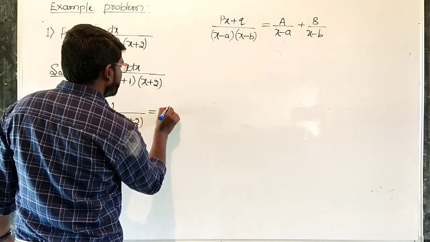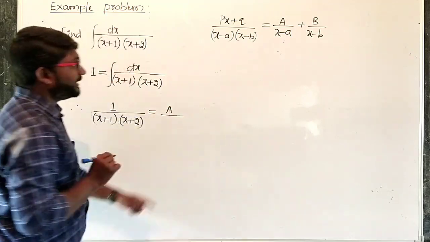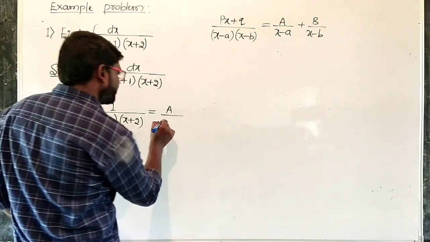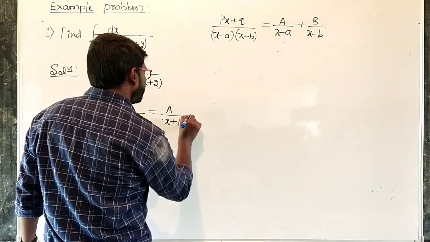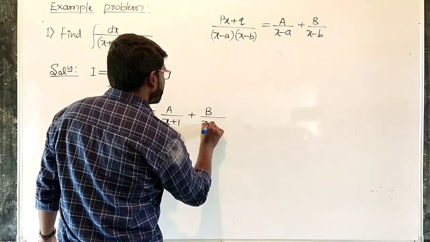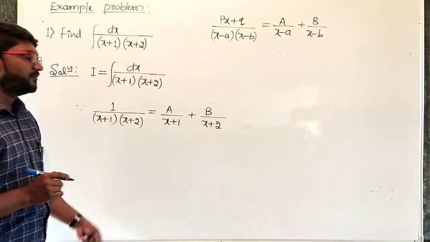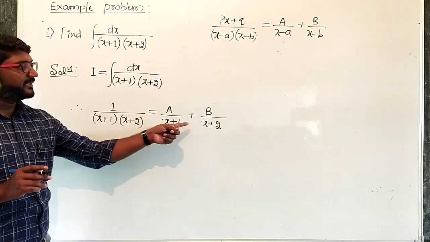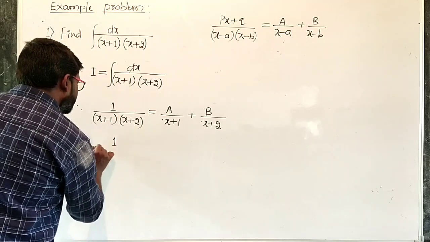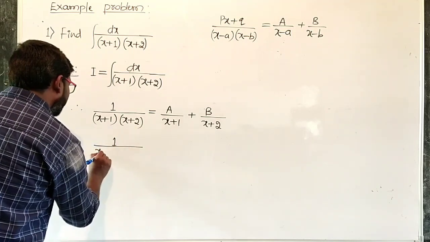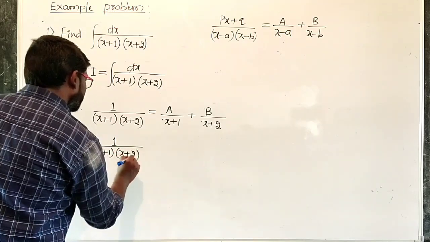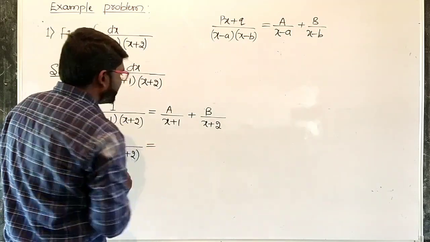Therefore 1 divided by (x plus 1) into (x plus 2) is equal to a divided by (x minus a). In place of x minus a, we have x plus 1. So it is a divided by (x plus 1) plus b divided by (x plus 2). Now we will have to take up the LCM on the right hand side. 1 is equal to, what will be the LCM now?